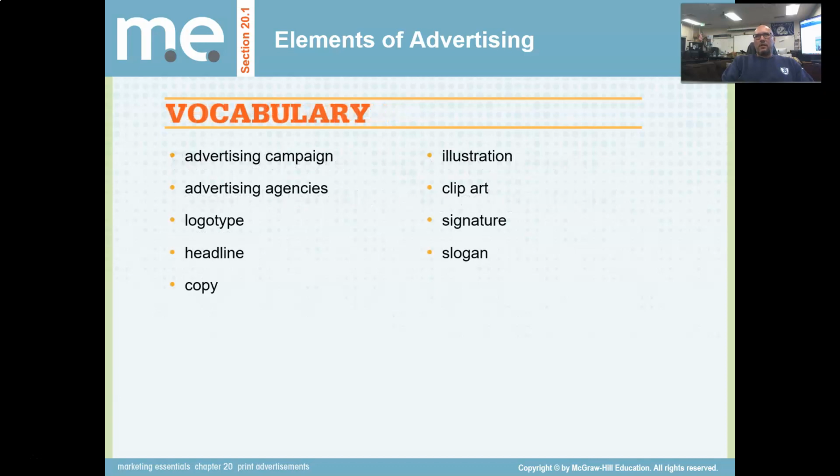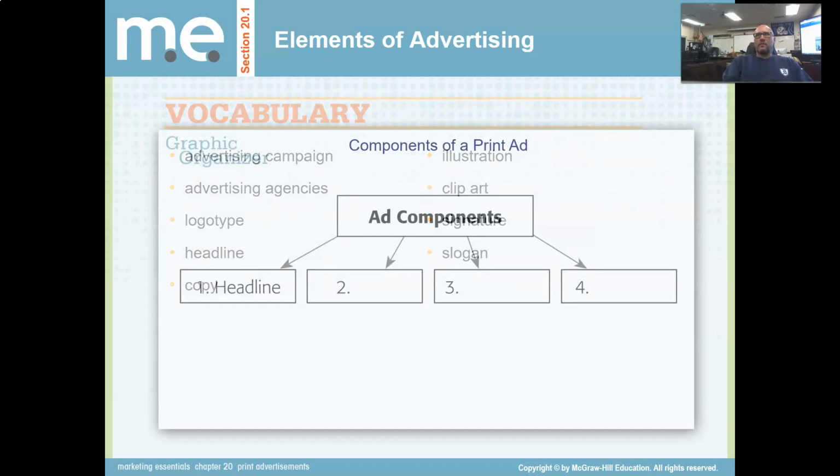The vocabulary that you'll see in that Google Doc: advertising campaign, advertising agencies, logotype, headline, copy, illustration, clip art, signature, slogan. And just so you know, you will be developing your own print advertisements, and you'll be probably doing 2, no, definitely doing at least 2. One for an existing company and one for our Blue Nation student store.